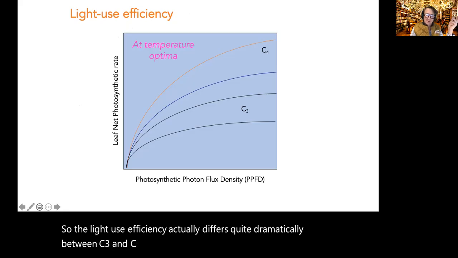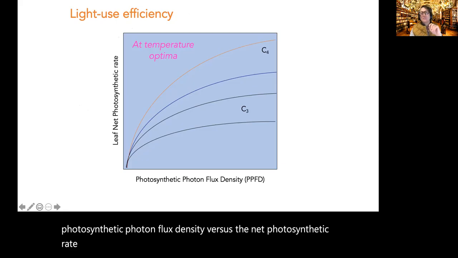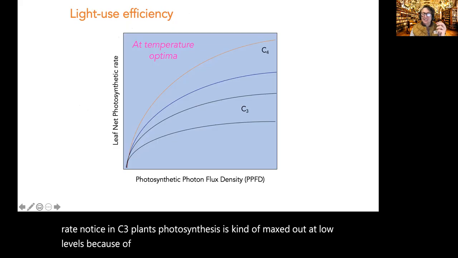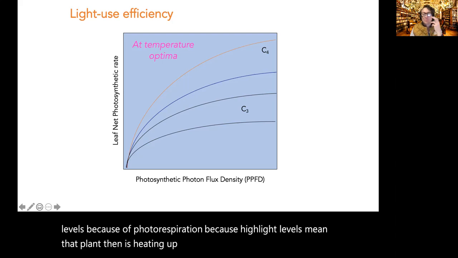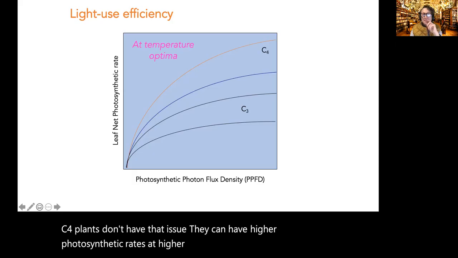If you plot light intensity, or photosynthetic photon flux density, versus the net photosynthetic rate, notice in C3 plants, photosynthesis is kind of maxed out at low levels because of photorespiration. Because high light levels mean the plant is heating up, stomates are closing, more photorespiration. C4 plants don't have that issue. They can have higher photosynthetic rates at higher light levels because they don't have to deal with photorespiration.